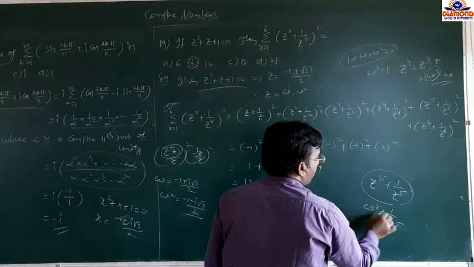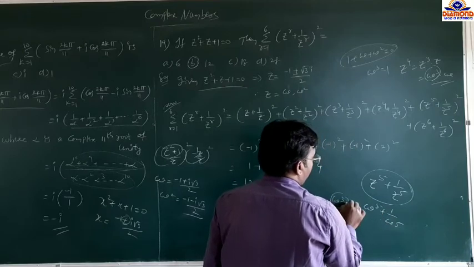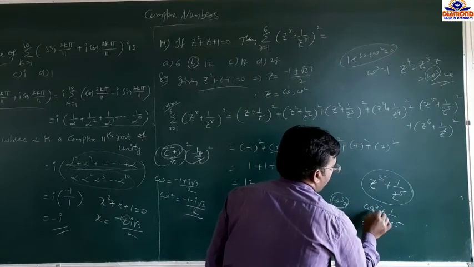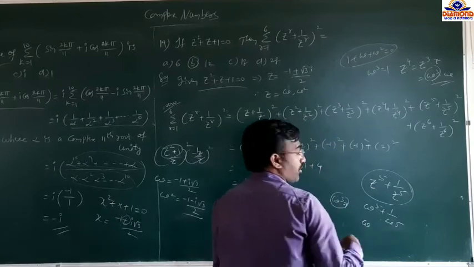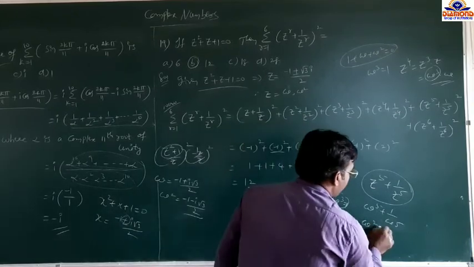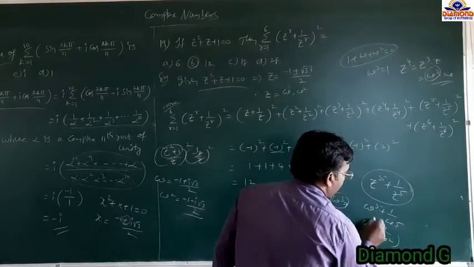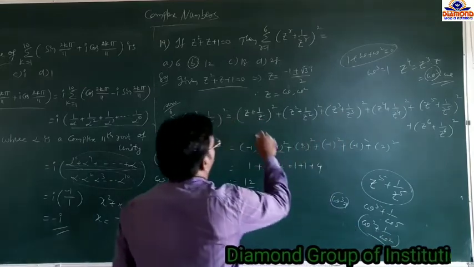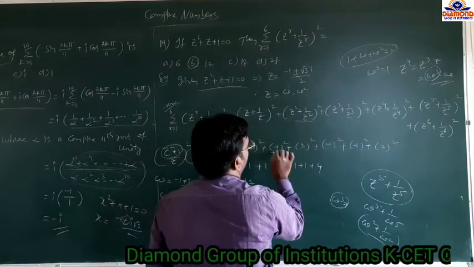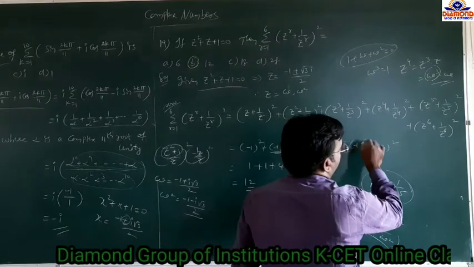We know that omega cube equal to 1. So omega power 5 equal to omega cube into omega square. That's why it can be written as omega square plus 1 by omega square. Already calculated, this equals minus 1. So there also minus 1 over here.